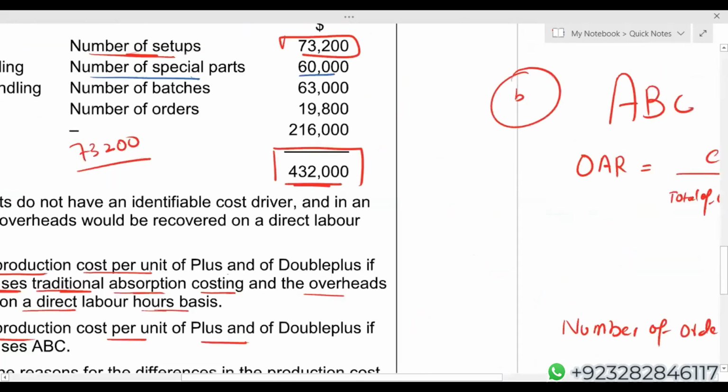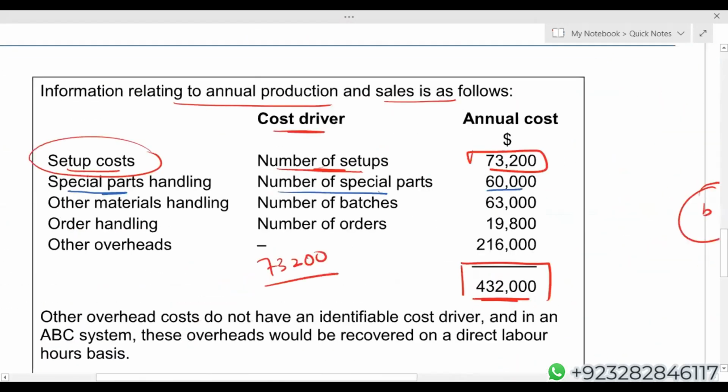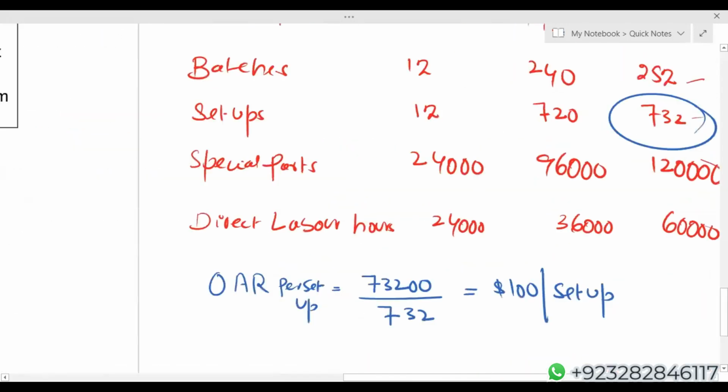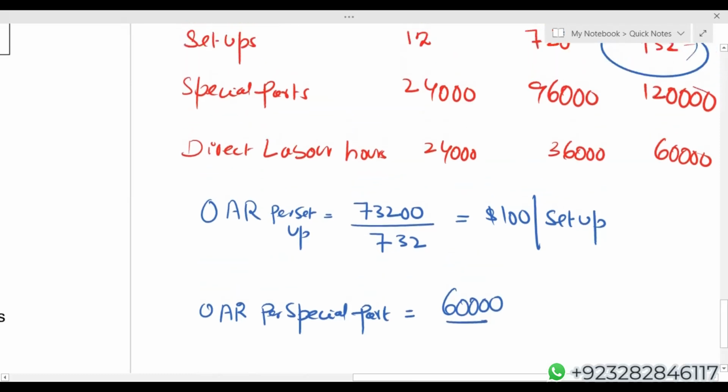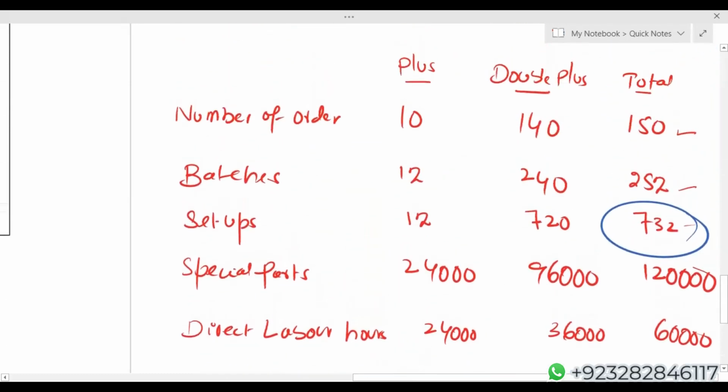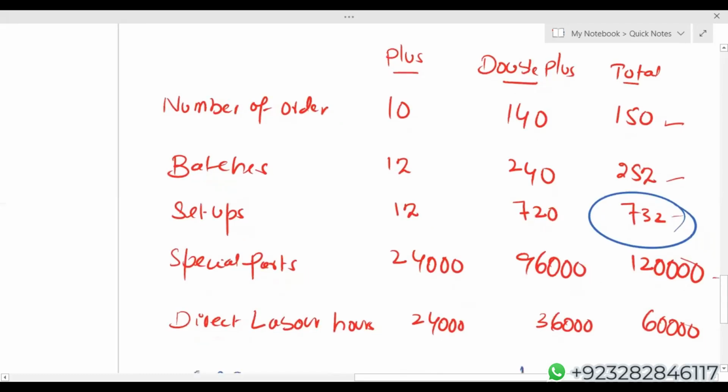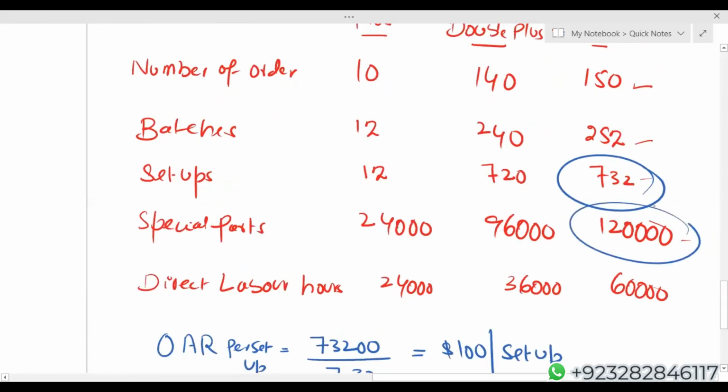What is the value of the cost pool for the special parts handling? It is 60,000, divided by the number of special parts. We need the total for the special parts, which is 120.